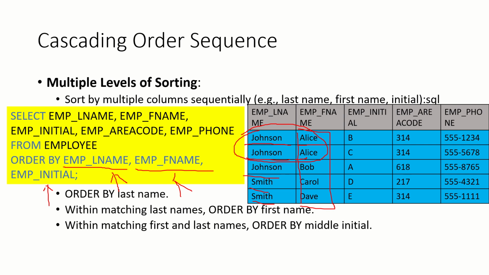At this point, how do we order them? Because we say the initial will be ordered. If they have the same first name and last name, we also ascend by their initial, which is B and C. Now Johnson, B, then would be A. So this is the example of how we do the ordering.